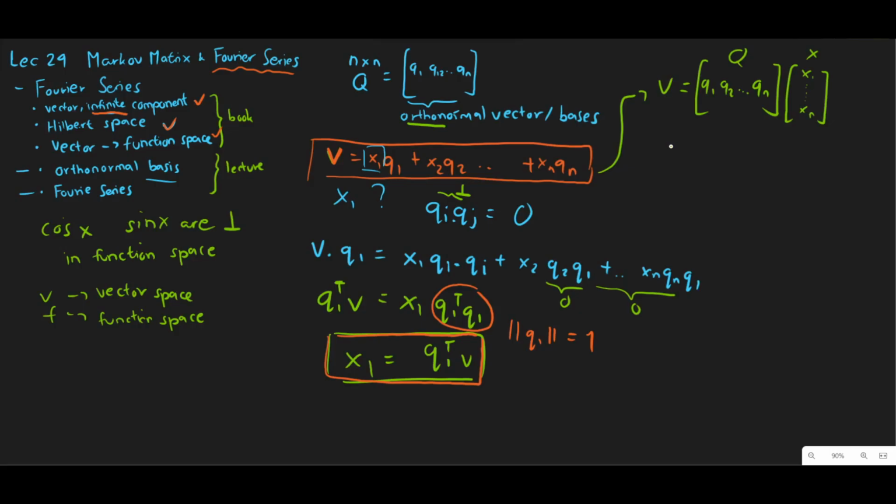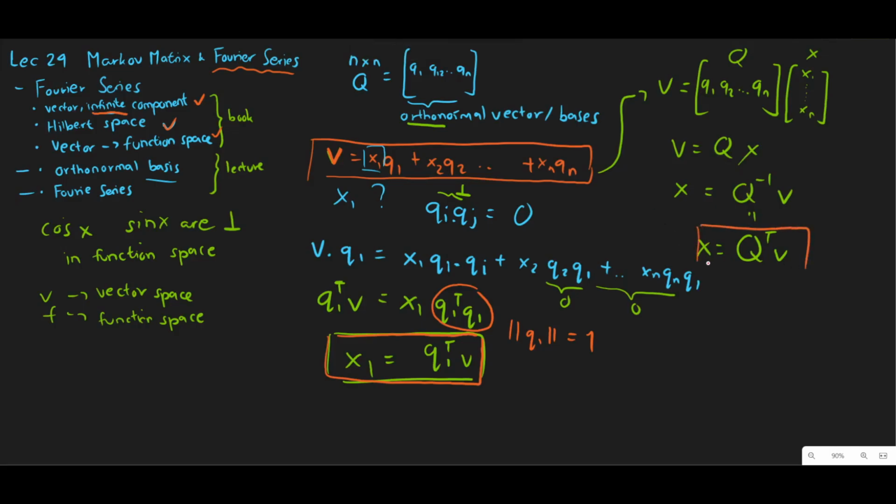So you have v equals q times x, and then what is x? Exactly, you can invert it. But then you can also use the property of the orthogonal matrix, so q inverse will be equal to q transpose, and x equals q transpose v.